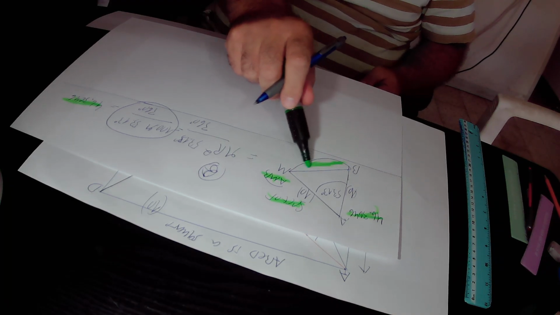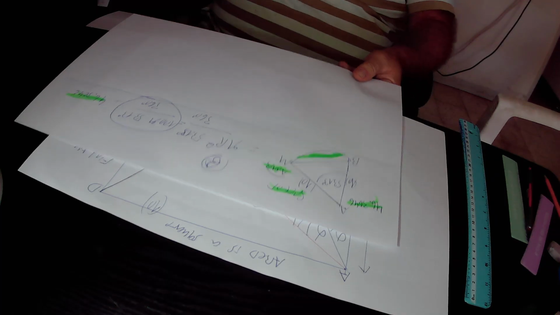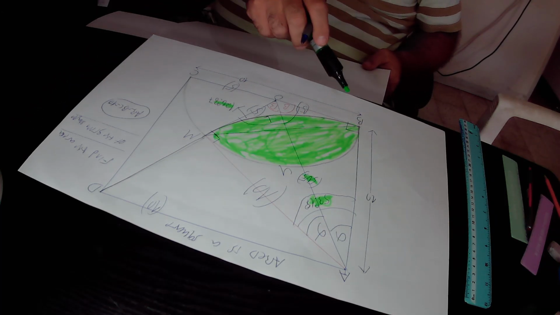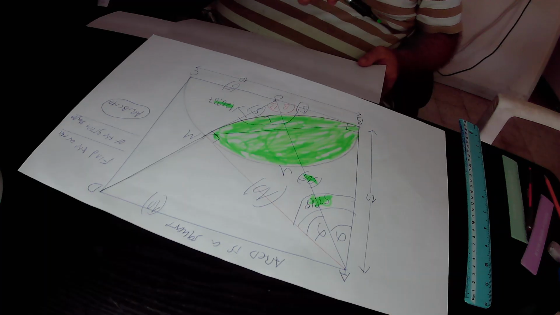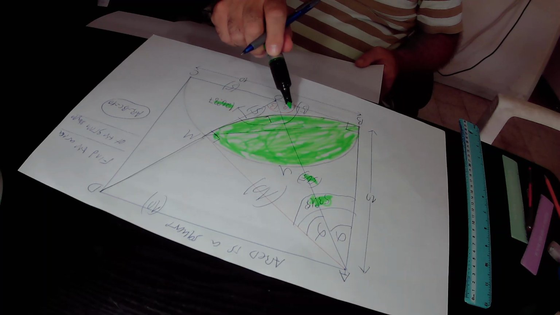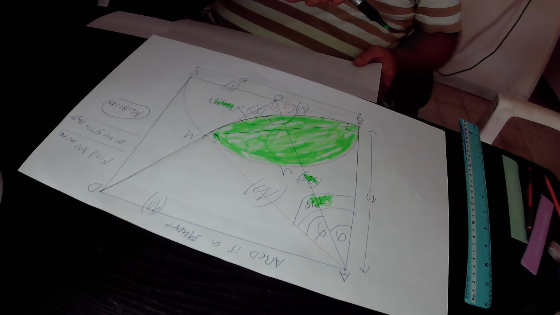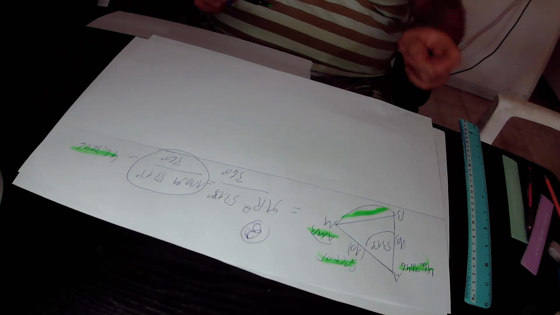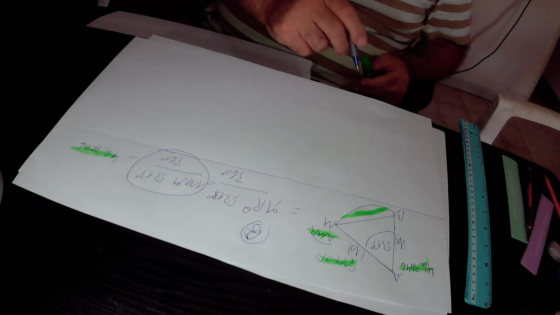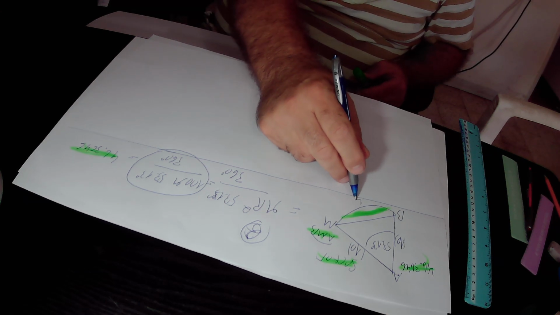This is the lower segment BLM, and we have to find its area. So what is the area of this lower segment BLM?